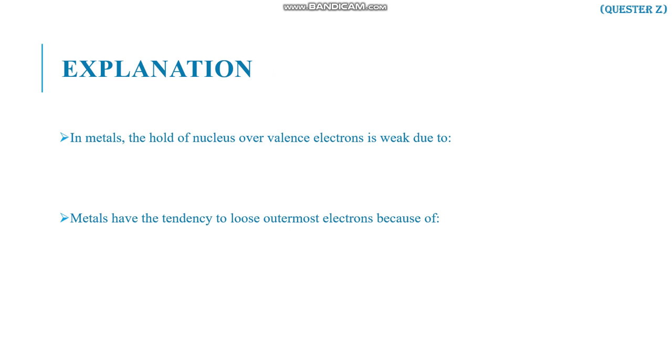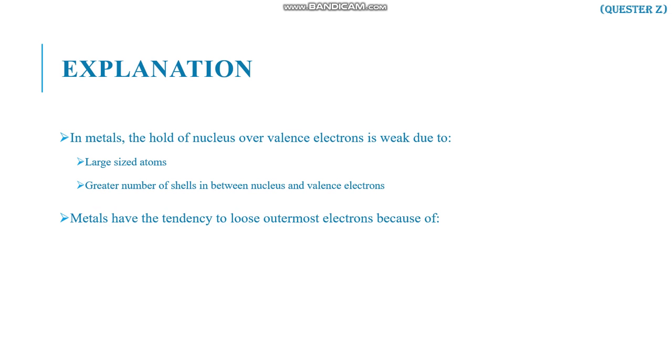So that's how, if the hold of the nucleus on the valence electron present in the outermost shell is weaker, they have the tendency to lose electrons quite efficiently. So why do they have the weaker attraction or weak hold? Because of the large size and the greater number of shells between the nucleus and the valence electron.